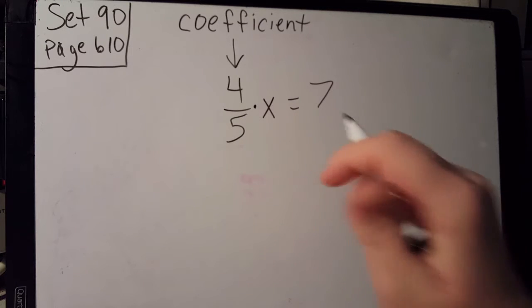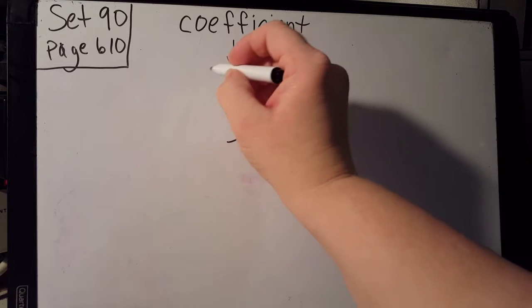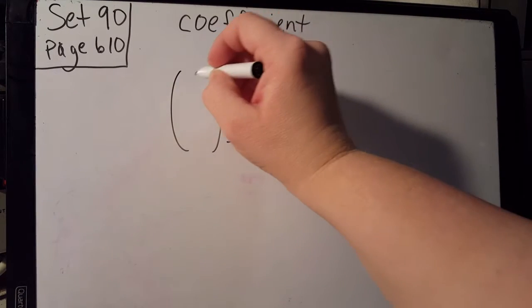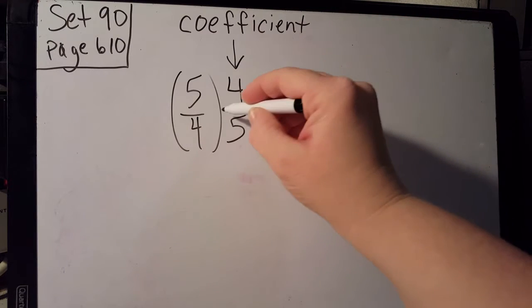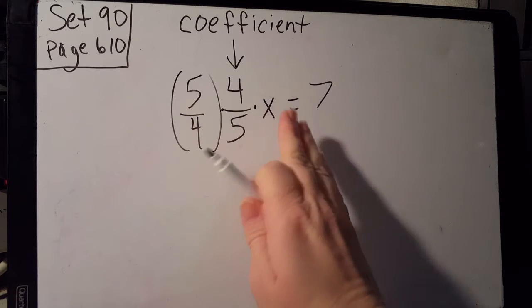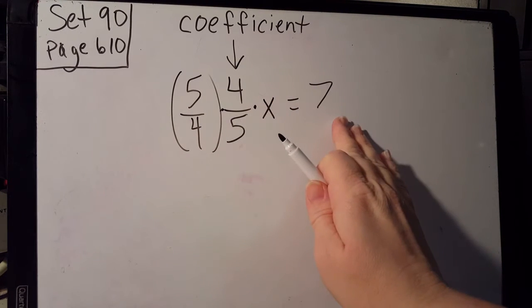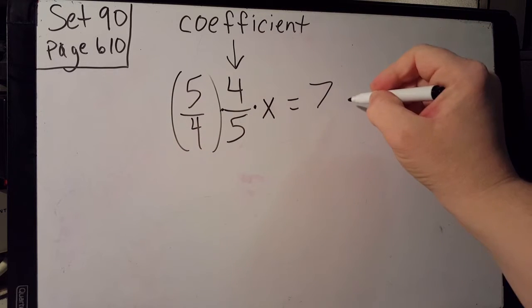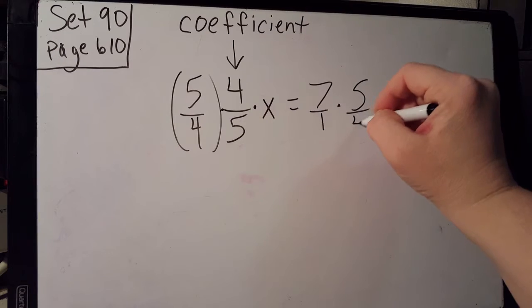But as a fraction, we would multiply by the reciprocal, and we would do that by simply going like this, and flip it, 5/4. And you recall parentheses also means times. Whatever we do to one side of the equation, on one side of the equal sign, we have to do to the other side. So we need to multiply the 7 by 5/4 as well. So you can put this over 1 and put times 5/4.